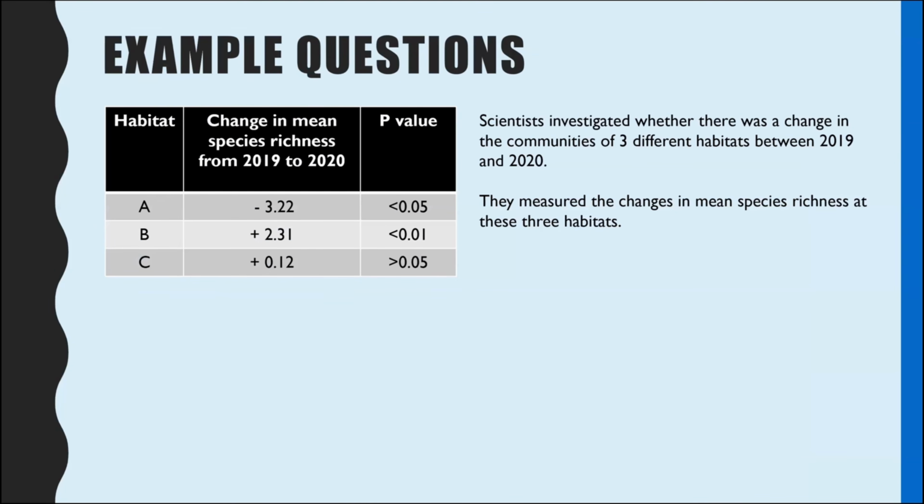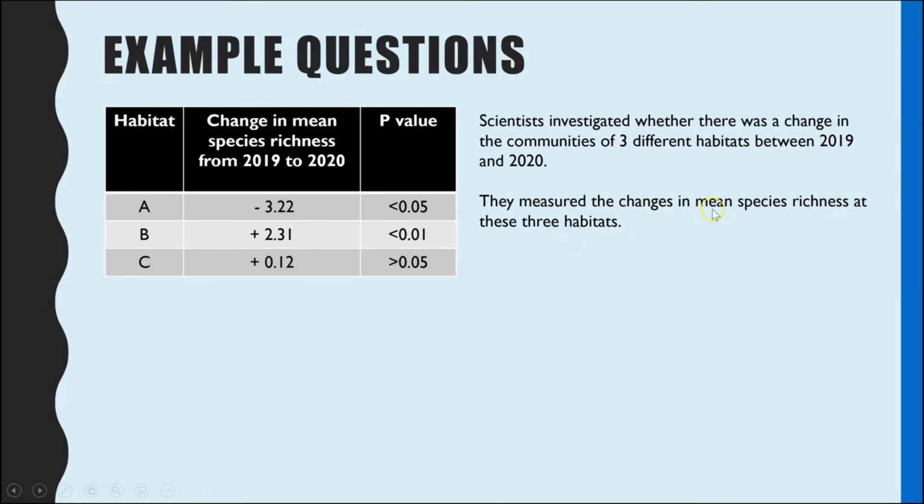Now this here is a typical critical analysis style question, and in this example scientists investigated whether there was a change in the communities of 3 different habitats between 2019 and 2020. They measured the changes in mean species richness at those 3 habitats.